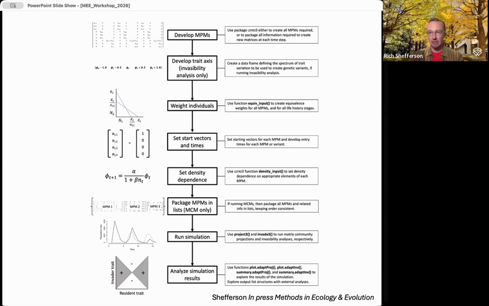I'll explain all these in just a moment, but just to give you a basic rundown. One of the most important things we have to do here is set density dependence. If we don't do that, we're assuming everything is running independently. Package NPMs into lists. This is for the matrix community model case only. Then we run our simulations and try to analyze the results, and there are some functions within ADAPT3 that can help with that.